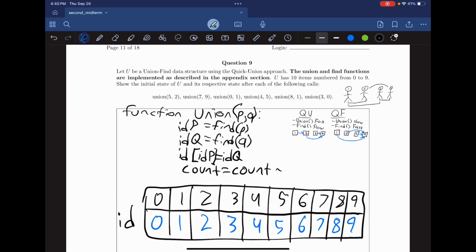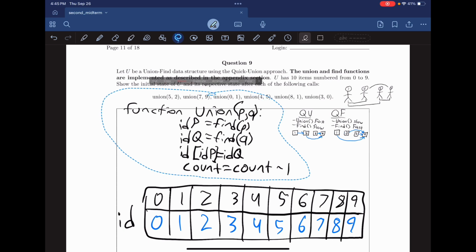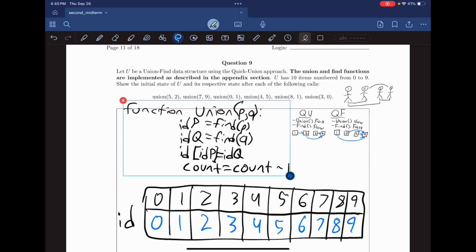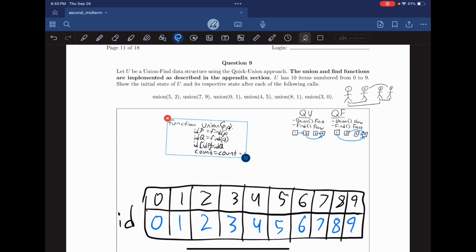Count is just the number of groups in the union find structure. It's not relevant to this problem what our count is, so we'll ignore that when we're running this algorithm.